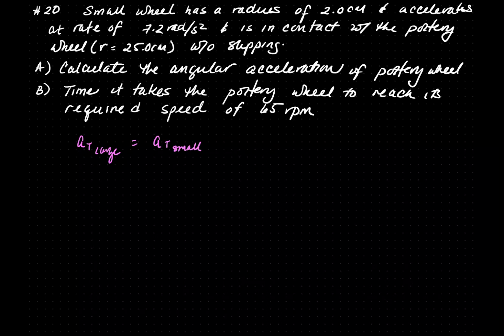We said the tangential acceleration, a sub T, is equal to R, the radius, times angular acceleration. So substituting in, this becomes R alpha large, which is equal to R alpha small.